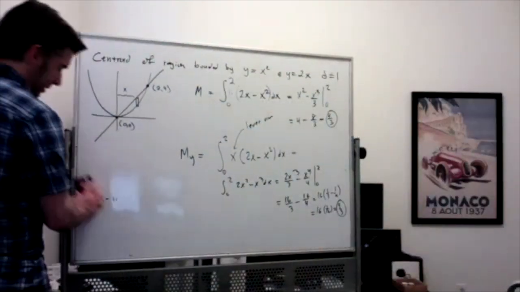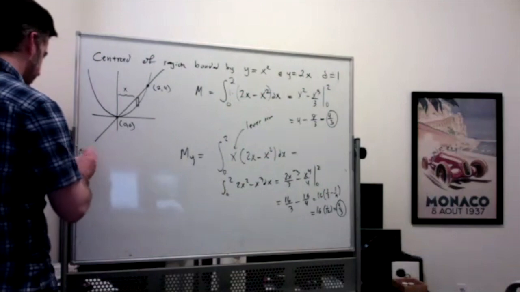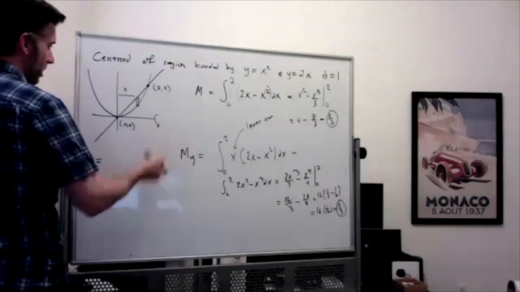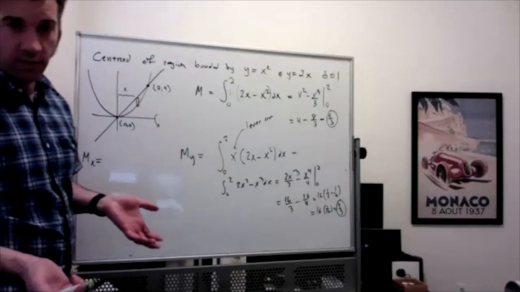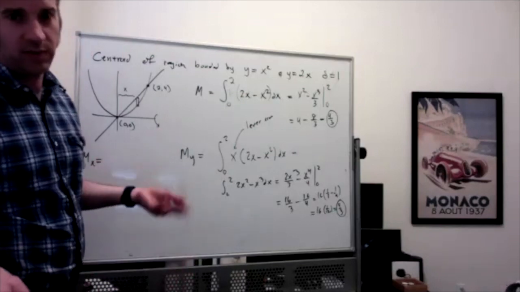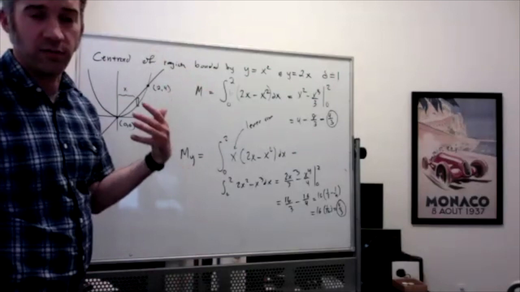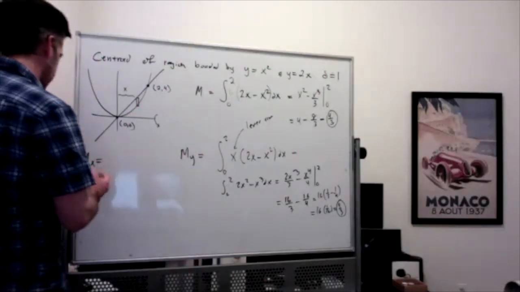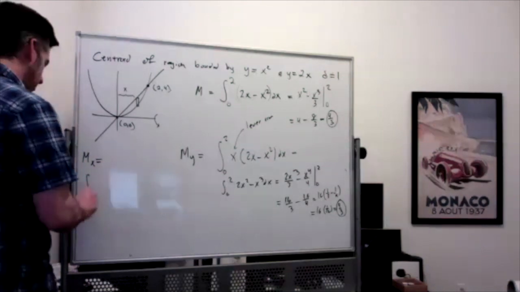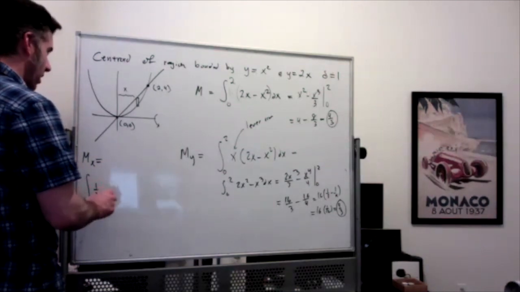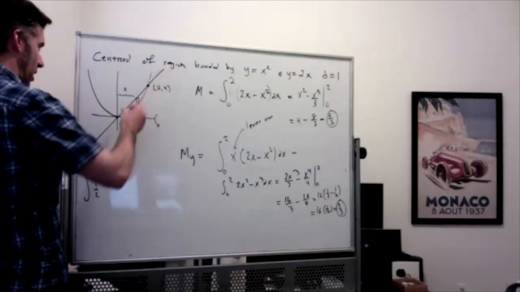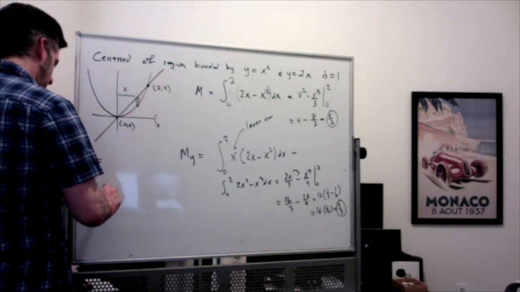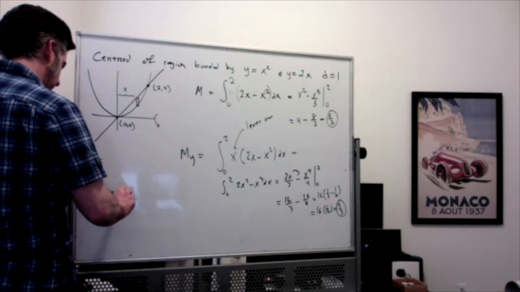Let's find the moment around the x-axis. I can either use the alternate formula, which is probably the one we should use. We could solve for things in terms of y, but we don't have to. So the moment around the x-axis is the integral of 1/2 of f plus g, the top thing plus the bottom thing, so 1/2 of 2x plus x squared.